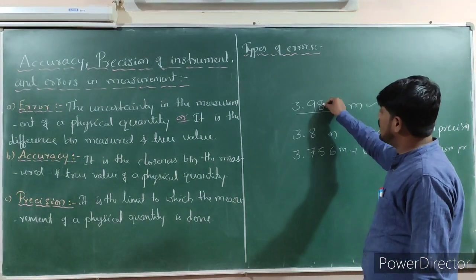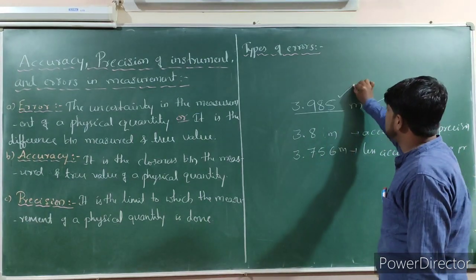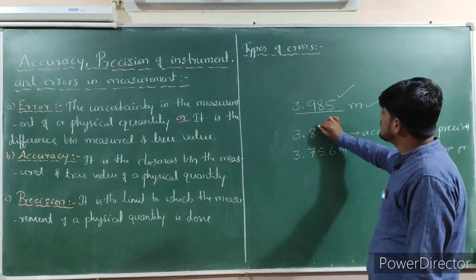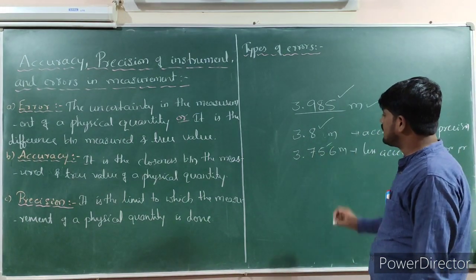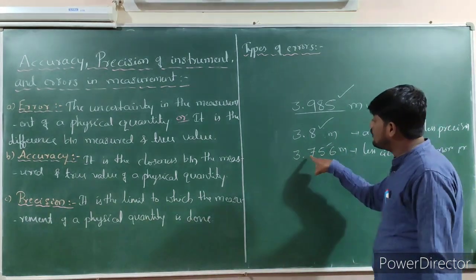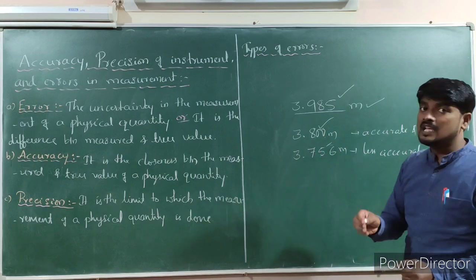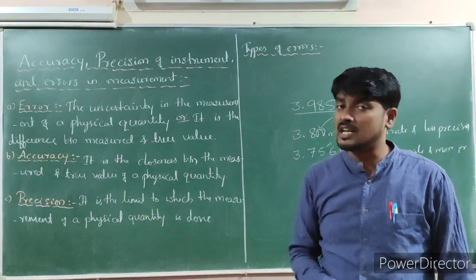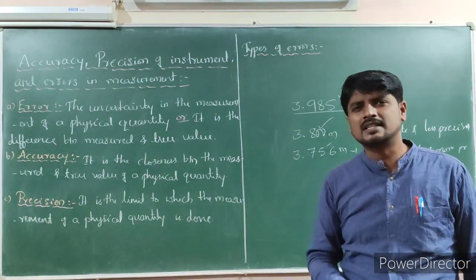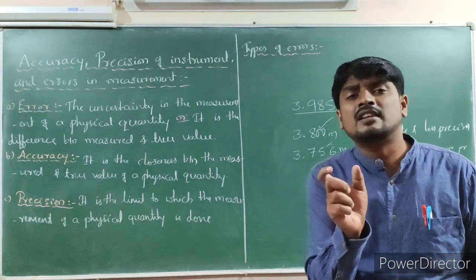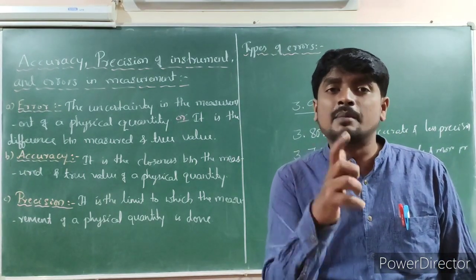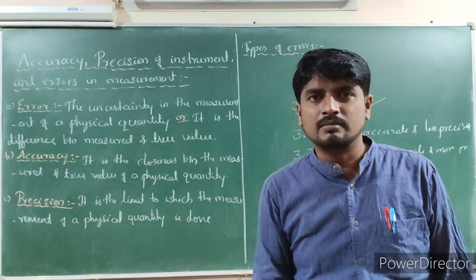Look at this value. Though it is differing, look at this. This is the true value. One is measured, he got the value 3.8, and one measured 3.756. Look at the value: 3.8 has no further digits because he can't measure more than 3.8 by the scale itself. You can measure 3.8 centimeter on your scale, but you can't measure 3.85. Possible?